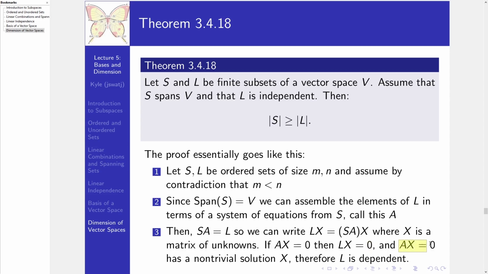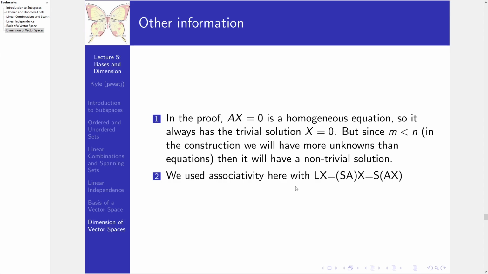And we know that Ax equals 0 has a non-trivial solution, and therefore L is dependent, which contradicts that L was independent. So we must have that m is greater than or equal to n. Yeah, there's more steps involved in that last part, which I cover in this slide as well.